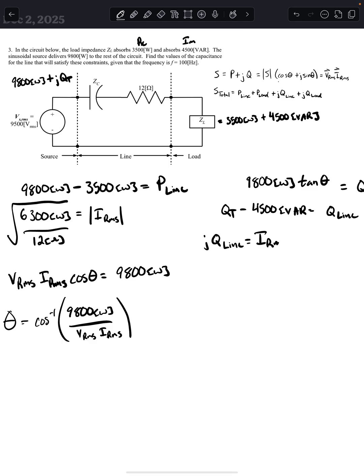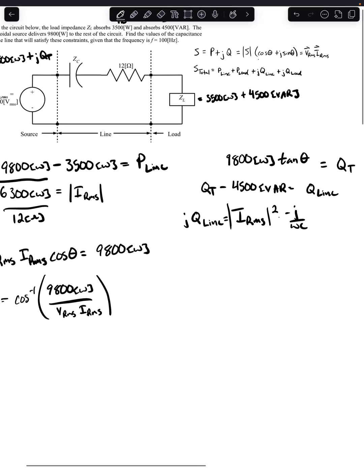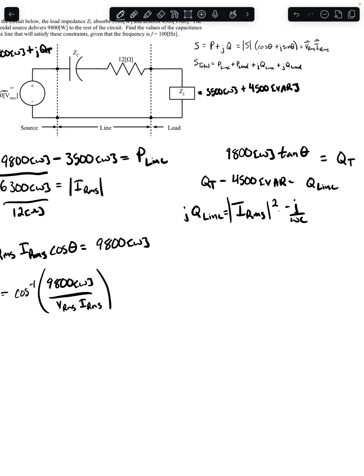I RMS squared times Z, which is negative j over omega C. And we would get Q line. To solve for C, we can get rid of the j's because they'll divide out.